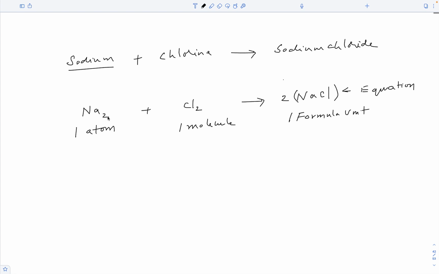No, we can never change subscripts, we can only change the coefficients. So we can put a 2 here. Now sodium atom counts are matching, chlorine atom counts are also matching. Now we call this equation balanced. This is a balanced chemical equation.